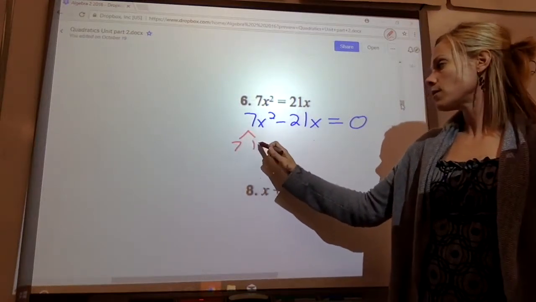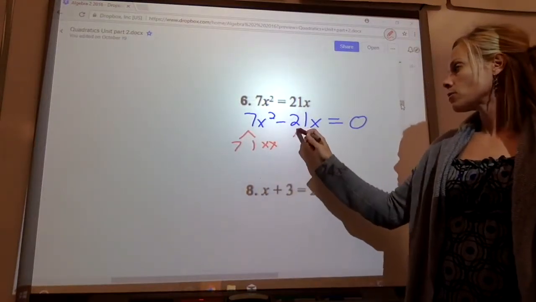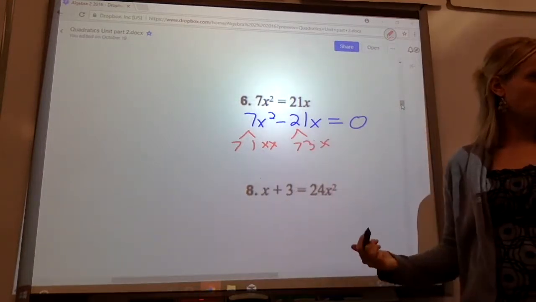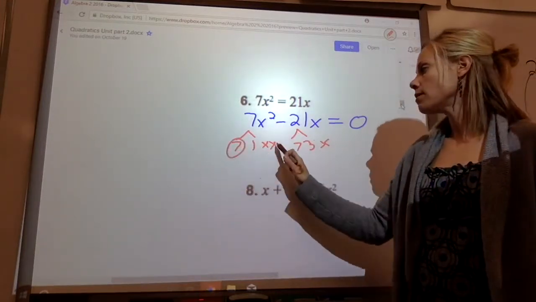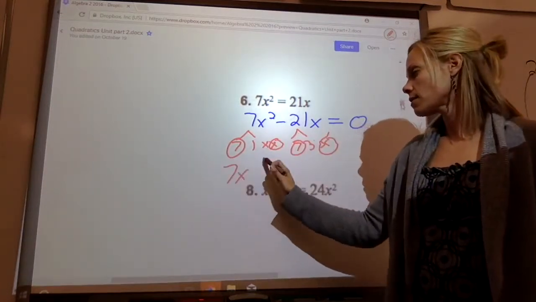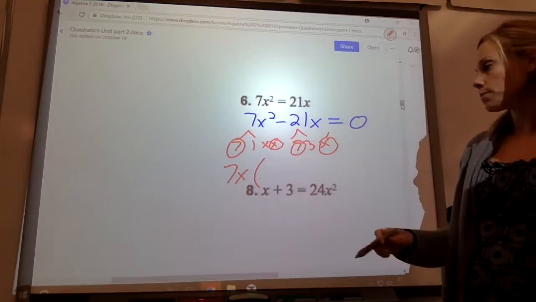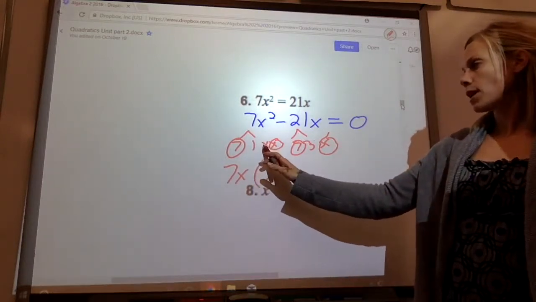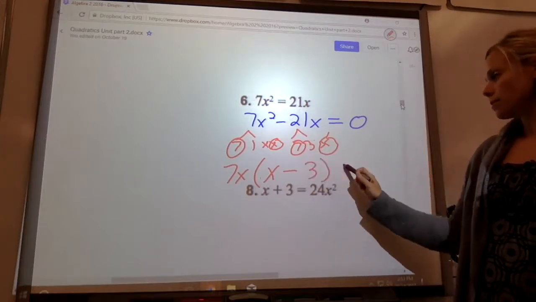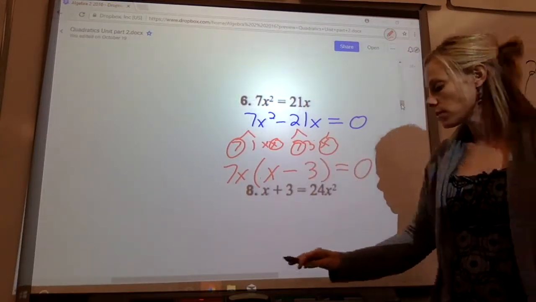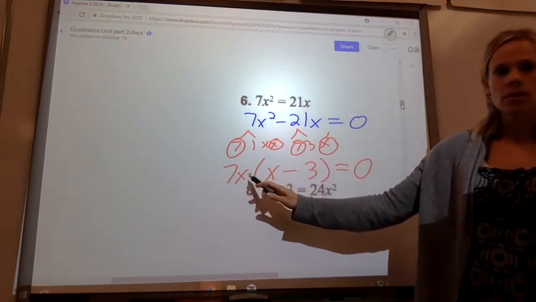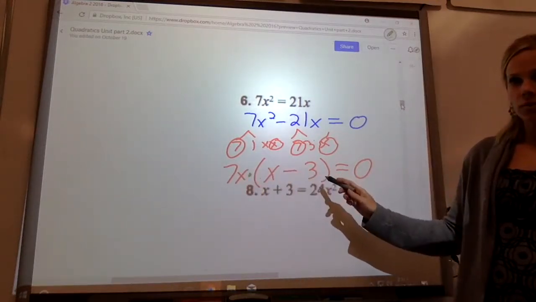Here's a 7 and a 1 and 2 x's. 21 is 7 and 3 and an x. So what can I circle in both? A 7 and an x. Very good. So if I take out a 7 and an x, what's left in the first term? X minus what's left in the second term? Yep, 3. So if this equals 0, and I am multiplying right here, 7x times x minus 3.